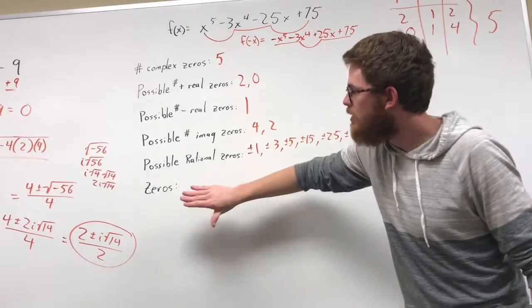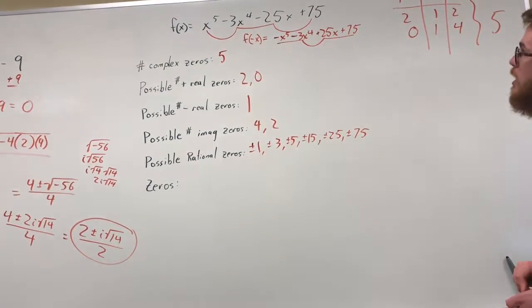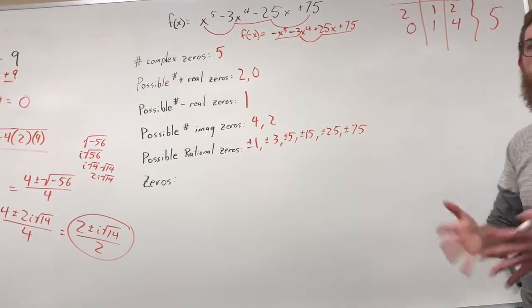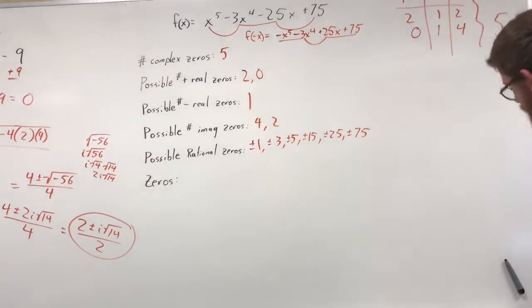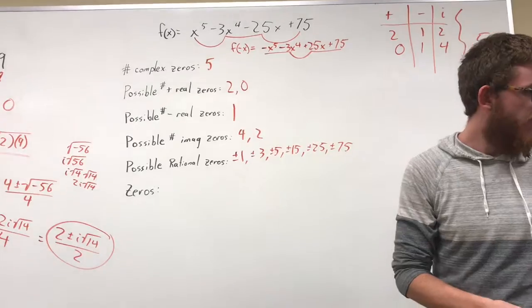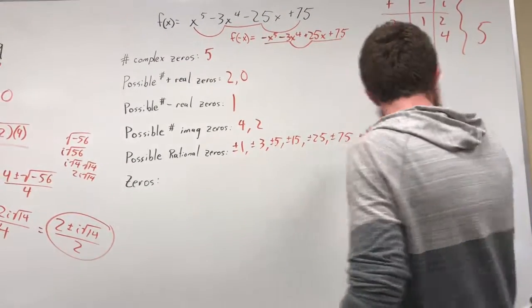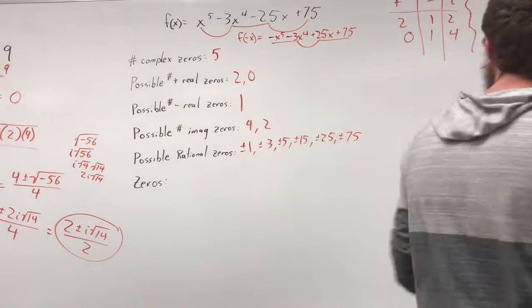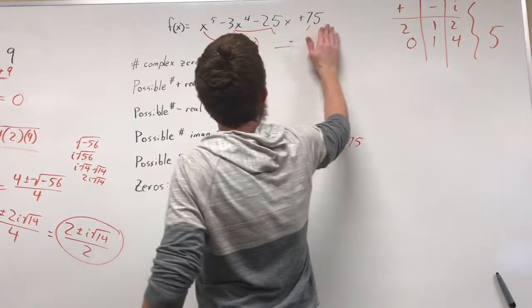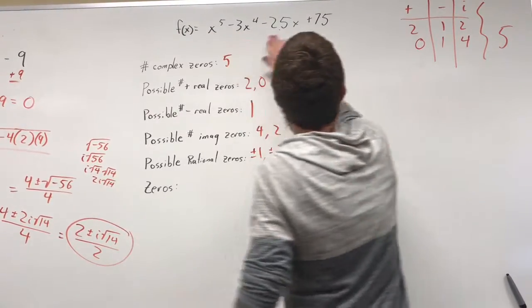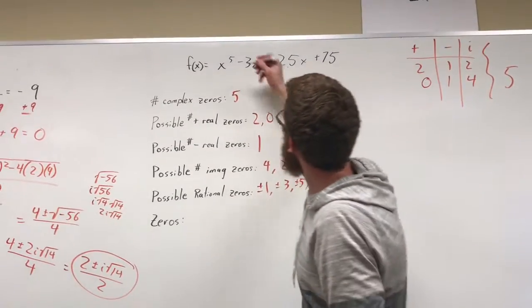And finally, to actually find all the zeros, well, we want to solve this any way we can. I'm going to first try to solve this by factoring. Hopefully, we can solve this by factoring. So, I'm going to erase what I have here. And because we have 4 terms, I'm going to try to factor by grouping.